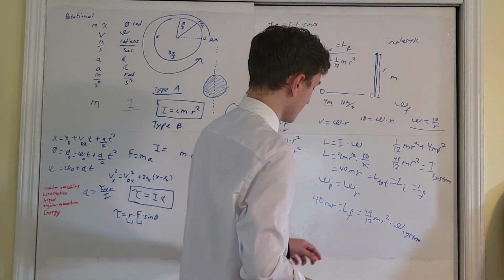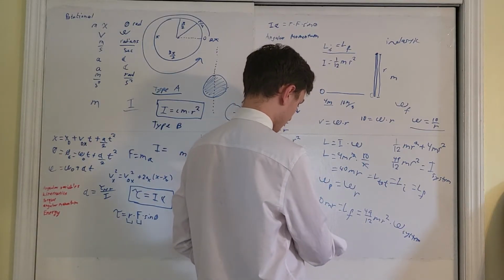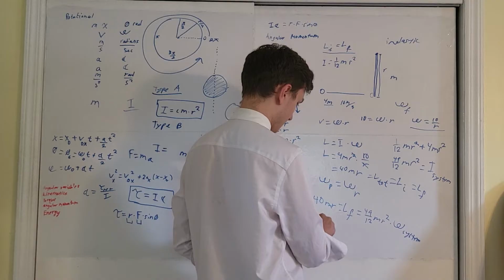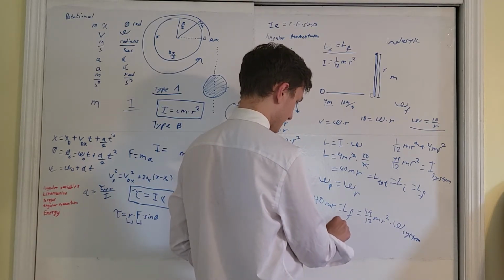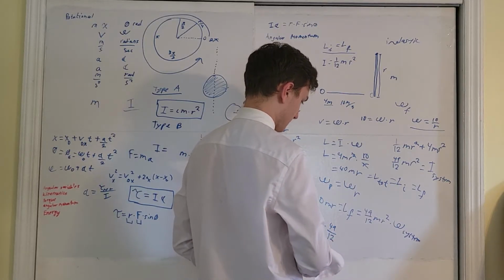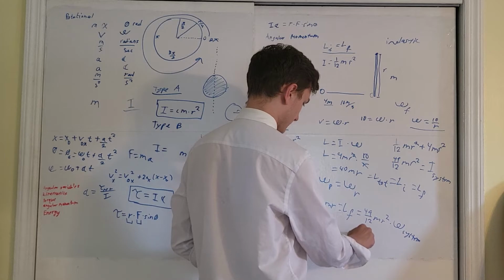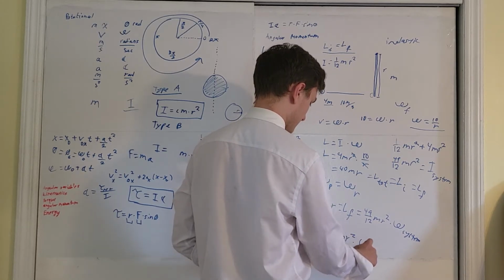Again, this is just a simple equation now that we need to solve. 40 mr, our total angular momentum, equals the moment of inertia of the two-part system, which is 49 over 12 mr squared, times the angular velocity of the system.